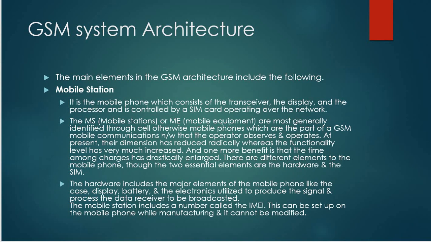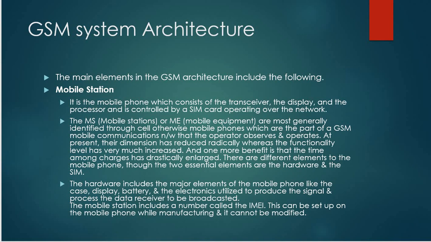Okay, this is the main part. This is very, very important. The elements in this MS and ME are the mobile hardware and also the SIM card to activate the network. The hardware includes the major elements of the mobile phone like the case, display, batteries, processors, electronic equipment, signal receivers, all those things.